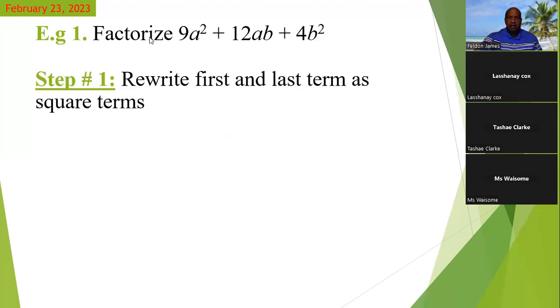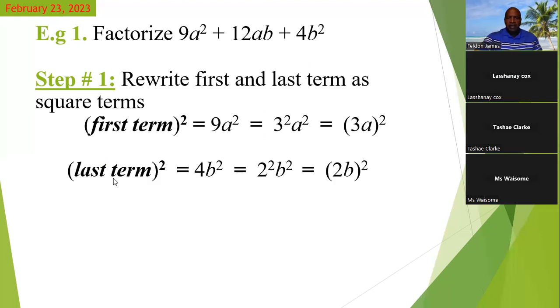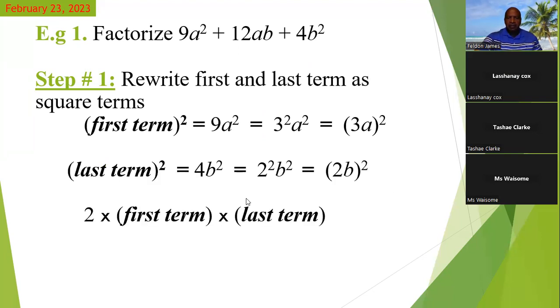So the general process is we first rewrite the first term and the last term in square form where possible. Then we check the middle term by multiplying the base of the first times the base of the last times 2.